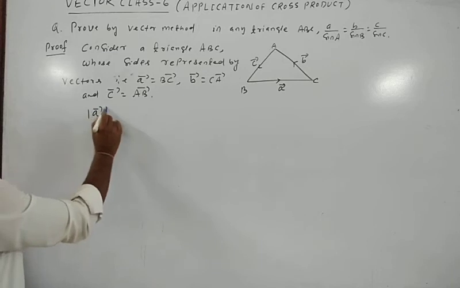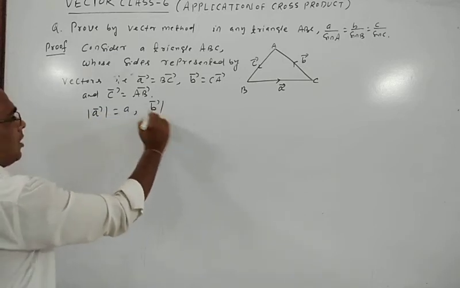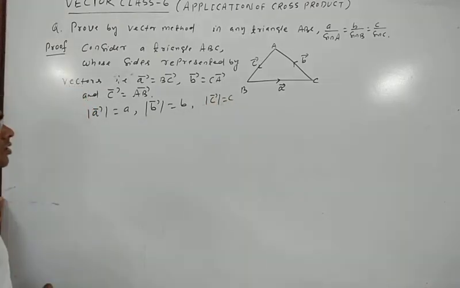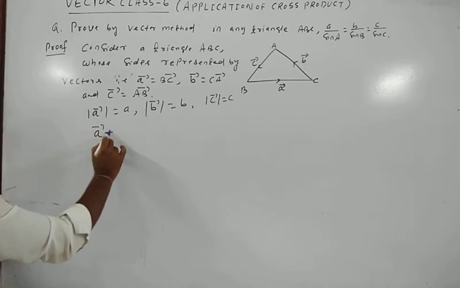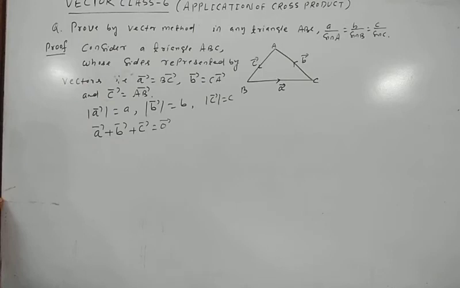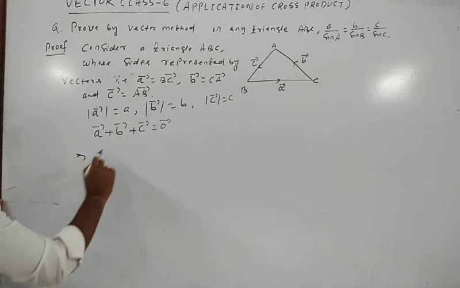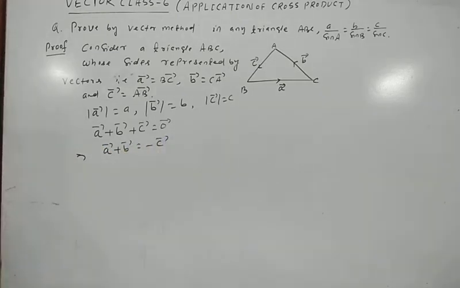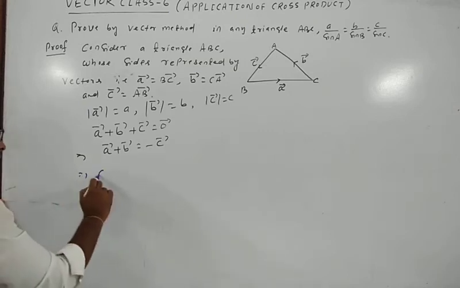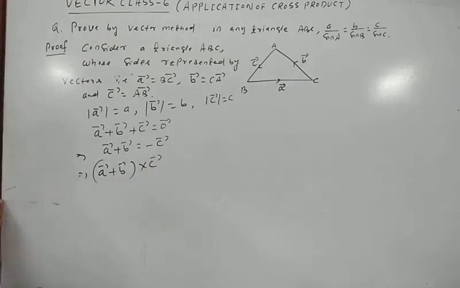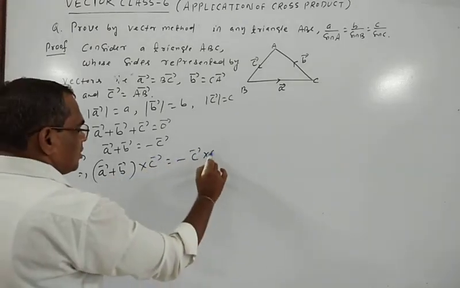Here the magnitude of a vector is small a, of b vector is small b, and of c vector is small c. This implies a vector plus b vector is equal to minus c vector. Taking the cross product with c vector on both sides, a vector plus b vector cross c vector is equal to minus c vector cross c vector.